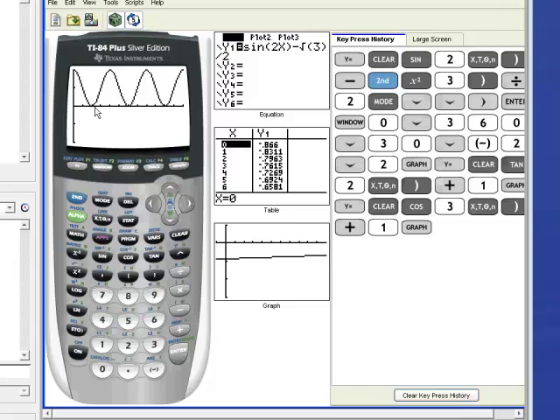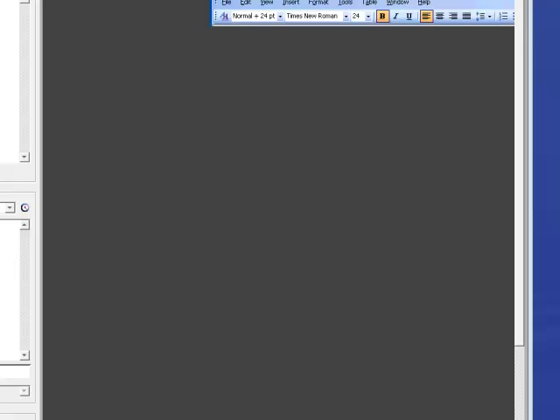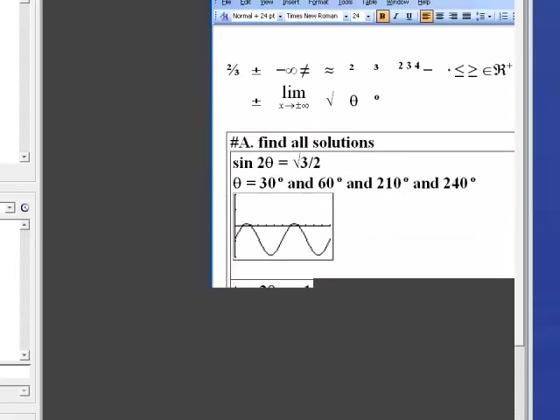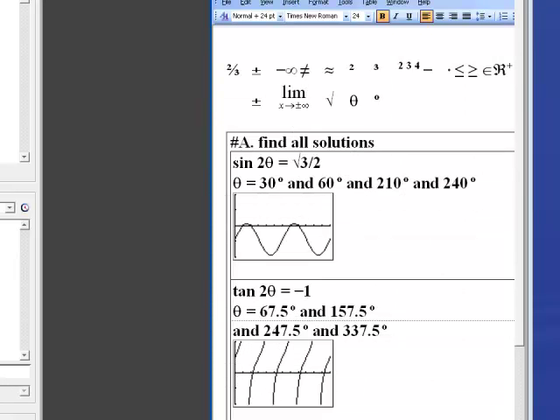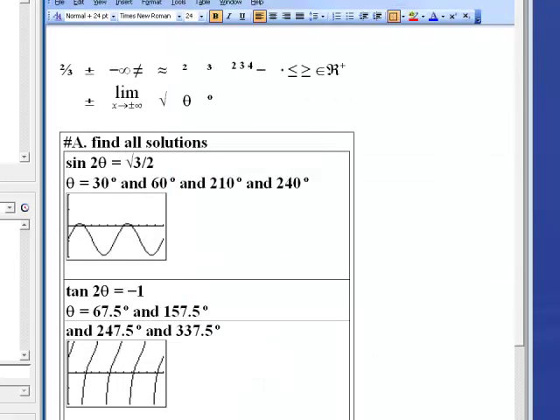And we can see that we have solutions here of 60 degrees, or actually let me again copy this one. Go back to Word. And here we go. And as we can see, 60 degrees, 180 degrees, and 300 degrees are indeed the solutions.